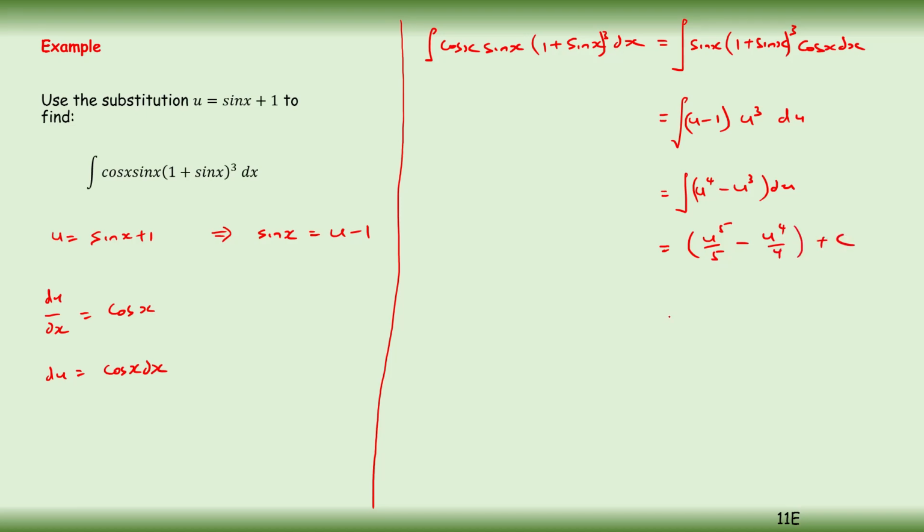And I can sub back for u. So that's sine x plus 1 to the power of 5 over 5, minus sine x plus 1 to the power of 4 over 4, plus c.